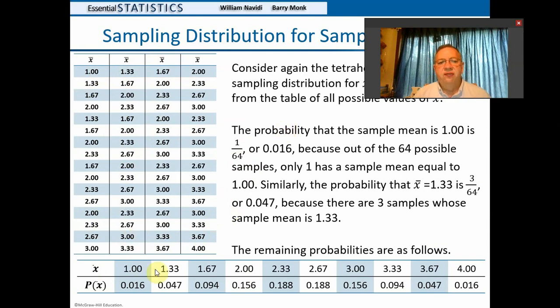The 1/64 is 0.016. There is only one way to get the 4, so that's 1 out of 64, 0.016. And for the rest of them we do the same thing, find the relative frequencies. And here are the probabilities, all listed out.